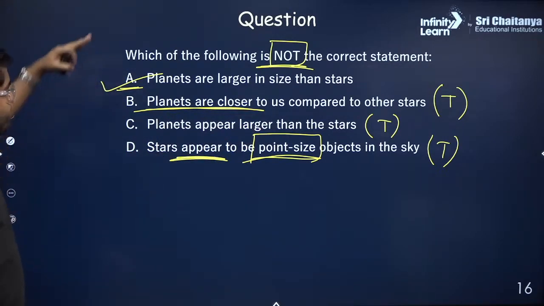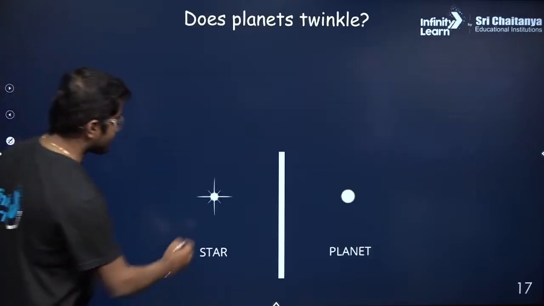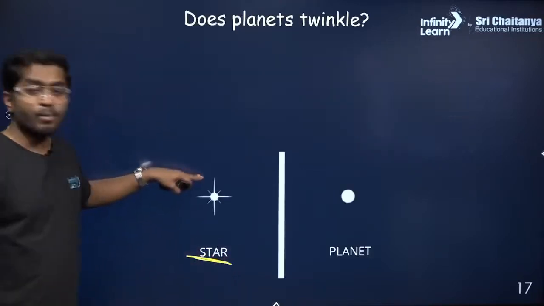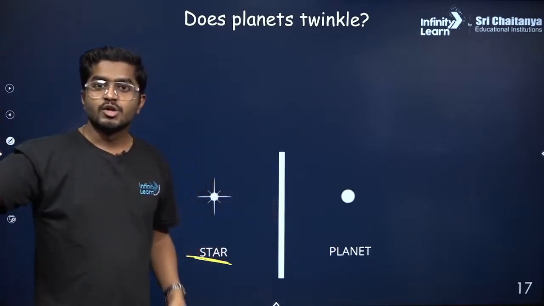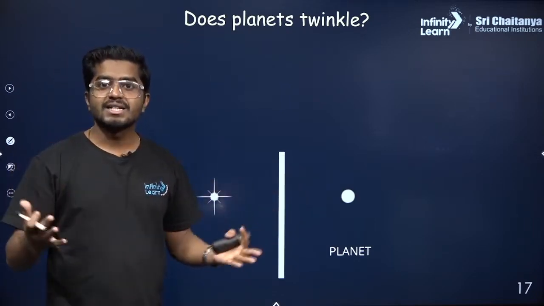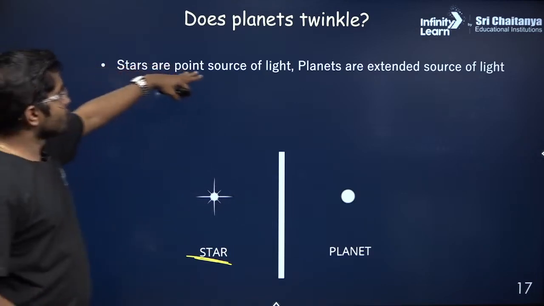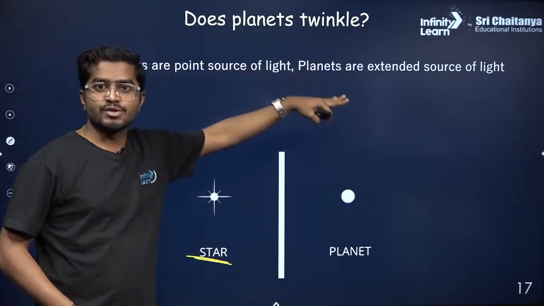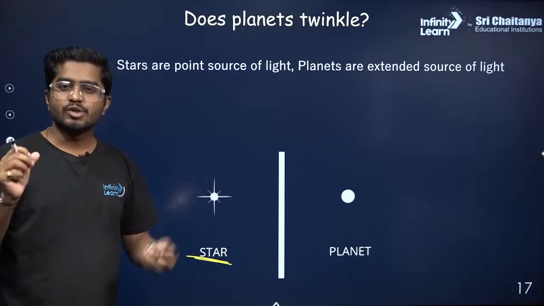So now because of this something interesting happens. There is a star which is a point size object. The planets are very close, so planets are not point size objects. They will appear much larger in size. And because of that, what happens? Stars are point sources of light. Planets are extended sources of light. Extended meaning कुछ बड़ा object है. It is not a point size.